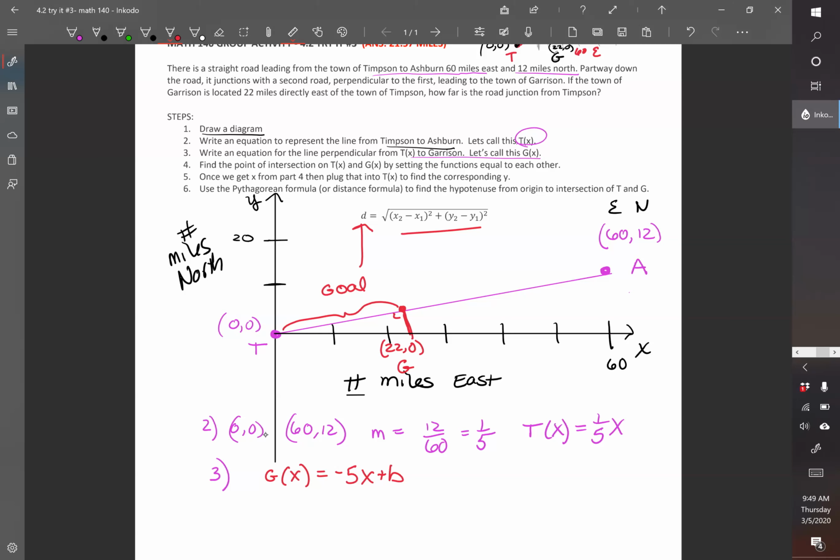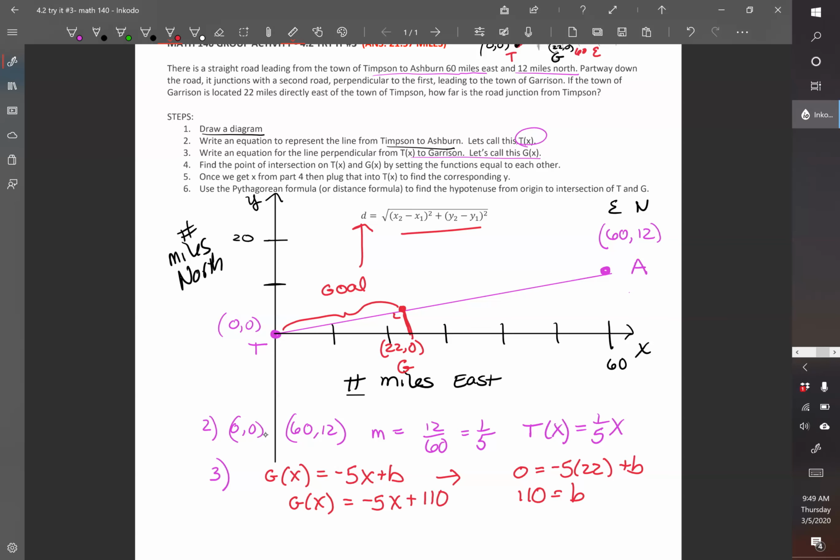So if we plug in, sorry, I should say 0 there, because that point is (22, 0), we would get G of X equals negative 5 times 22 plus b, and 110 is b. So this equation for G of X is going to be minus 5x plus 110.